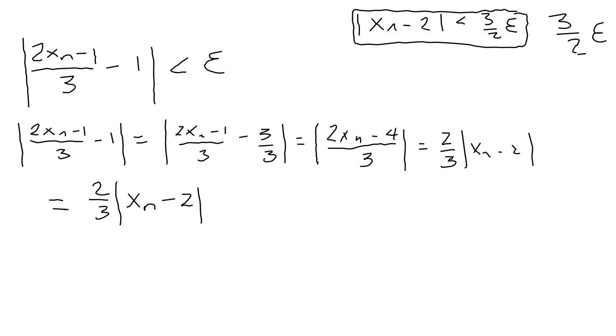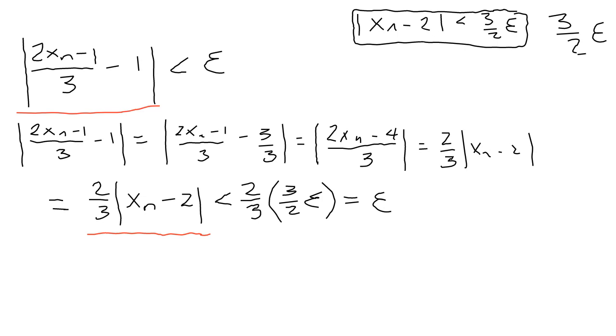So this must be less than, remember we're using the thing that is less than at the top now, we're substituting it. See the 2 over 3 on the outside? It's still there. But x sub n minus 2 must be less than 3 over 2 epsilon. That's the N that we chose, which gives epsilon. So we have shown that this is the same as this.